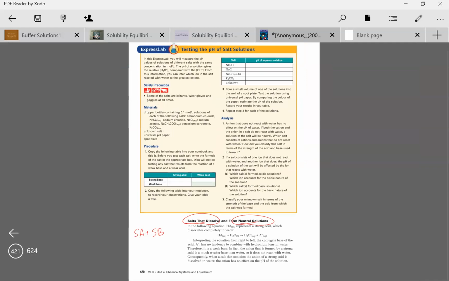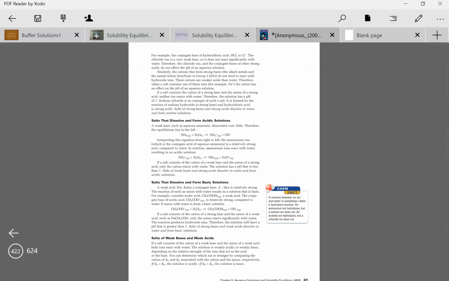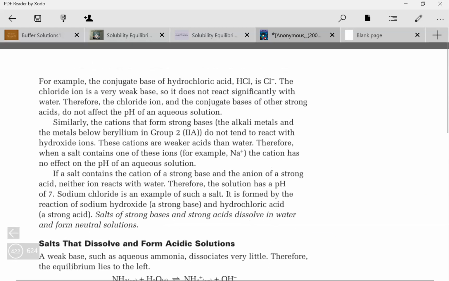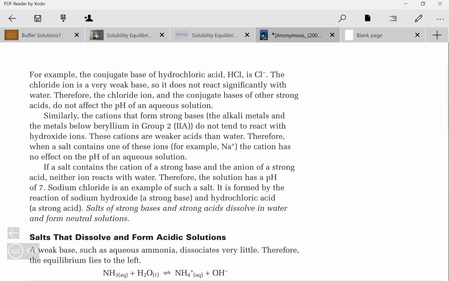So for example, I'll go to the next page and write that here. Remember that the salt is formed from an acid-base reaction, correct?